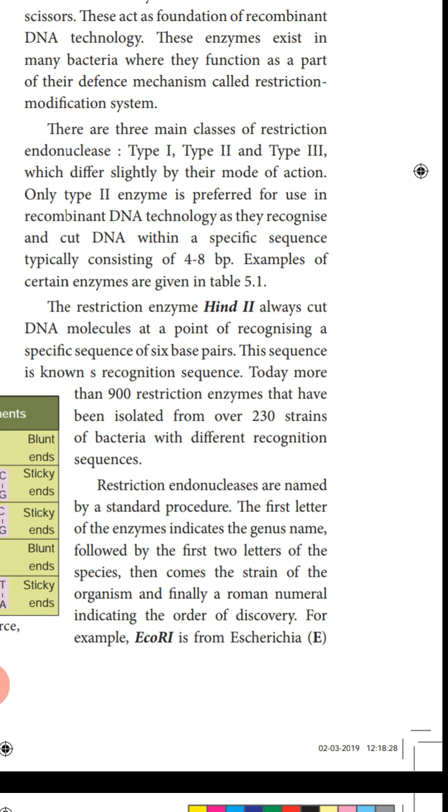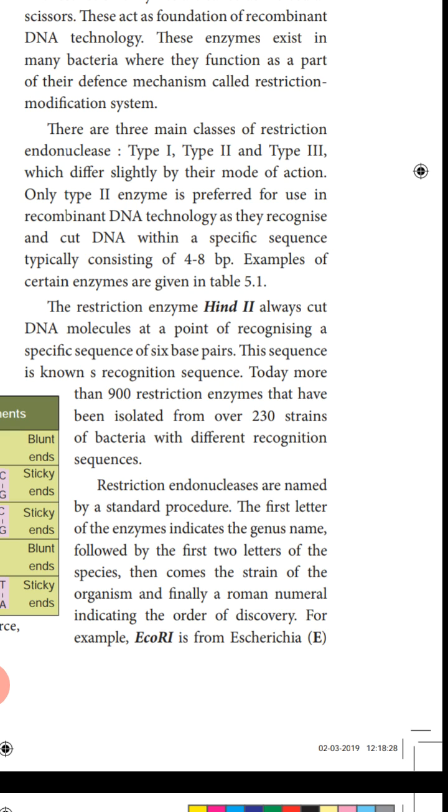So here you can see the first one, E, is the genus name, next CO is the species, and R is the strain of the organism. Next the number I refers to the Roman numeral, that is Roman number 1.